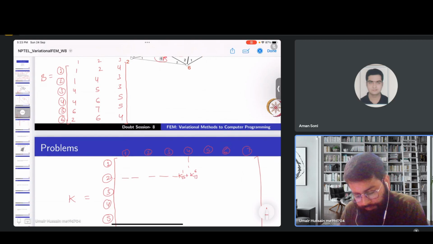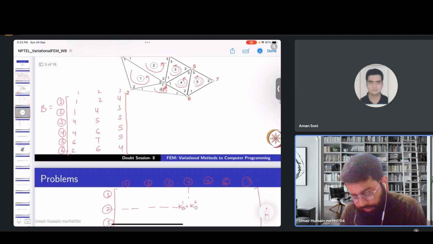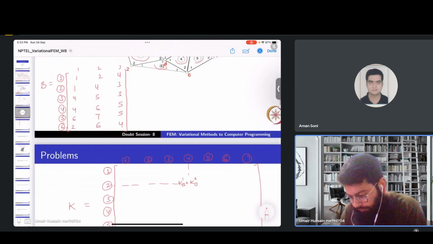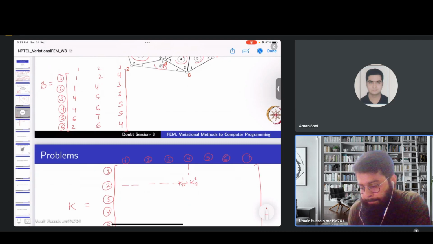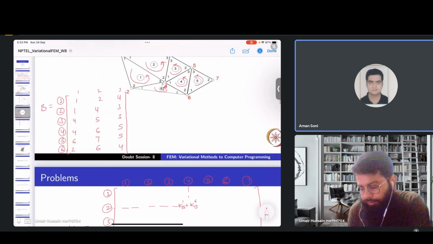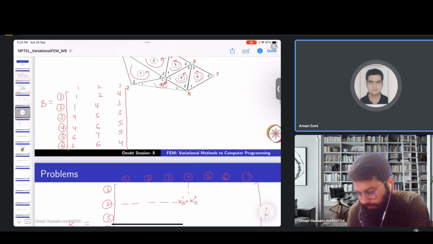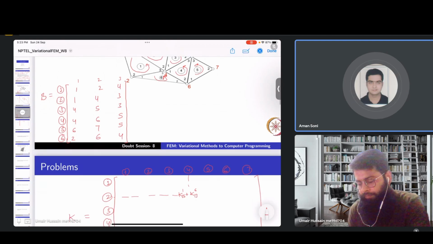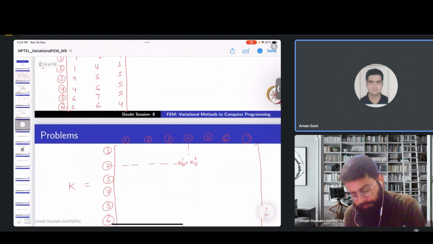Okay, so can we do 5 7? K 5 7? There is nothing present as 5 7 in any element. No, I think it is present in element number 5. So it should be K325.